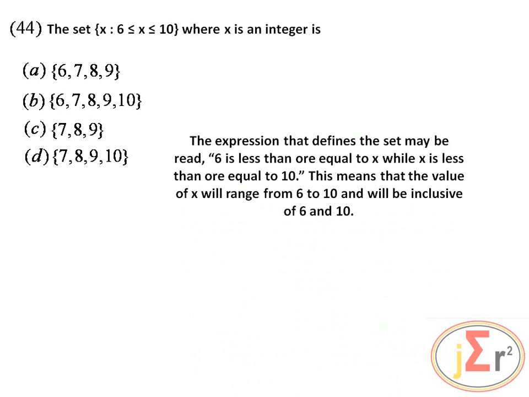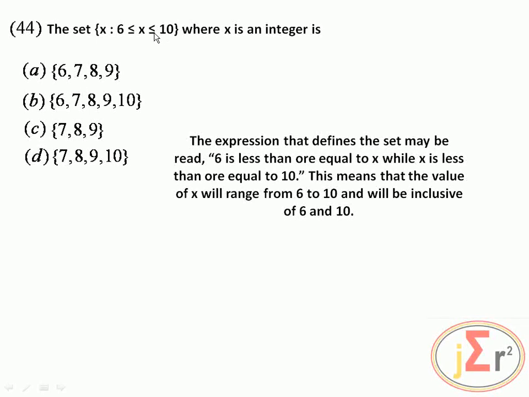This means that the value of x will range from 6 to 10 and will be inclusive of 6 and 10. It must be inclusive of 6 and 10 because we have the or equal to here. So we know 6 is less than or equal to x, and x is less than or equal to 10.